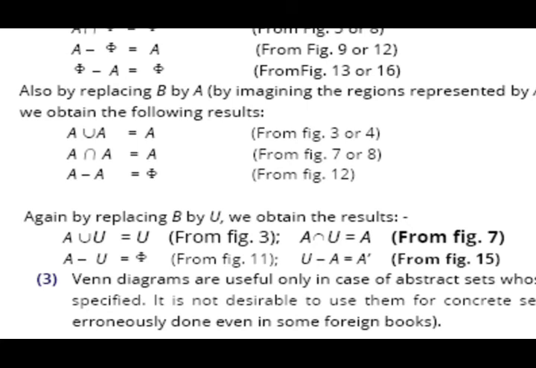Also, if we replace B by A, then the union of the same set is equal to A, the intersection of the same set is A, and A minus A is the empty set.